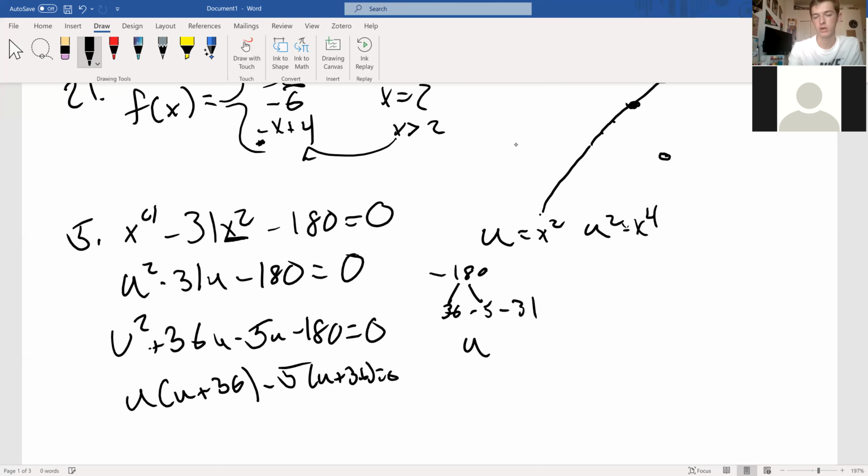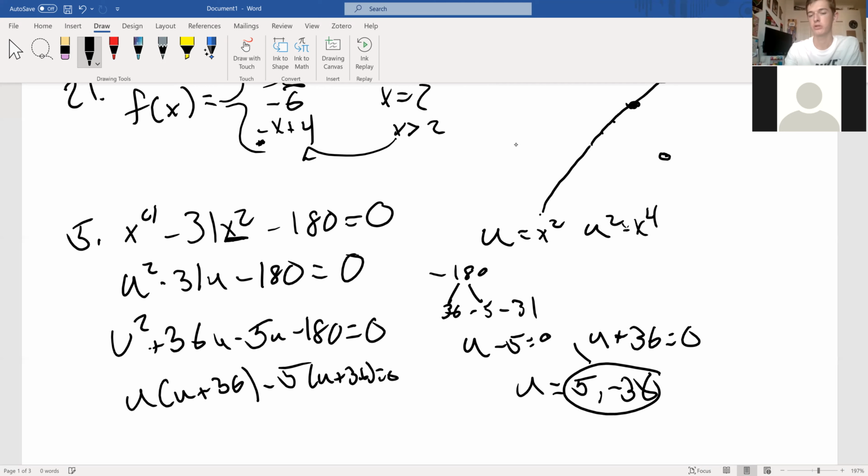So I get u minus 5 is equal to 0, and u plus 36 is equal to 0. So my answers for u are 5 and negative 36. So then now you just have to remember to plug these back into what you substituted for. So we say 5 is equal to x squared, and then negative 36 is equal to x squared. Oop, I didn't even write the equal sign.